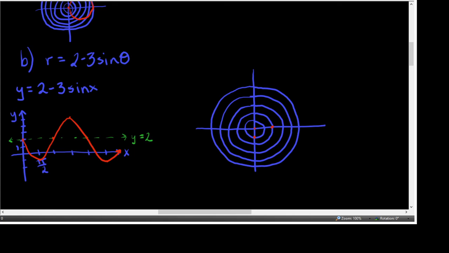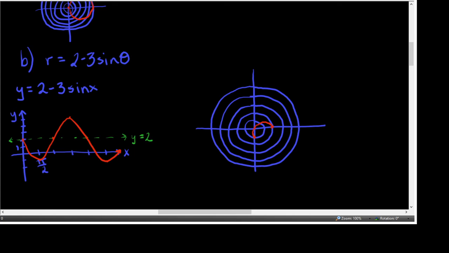So what I'm going to do over here is starting at 2, I'm going to make the radius decrease as the angle goes toward pi over 2. And there I'm going through the x-intercept. And now the answers have become negative until we get out to -1.